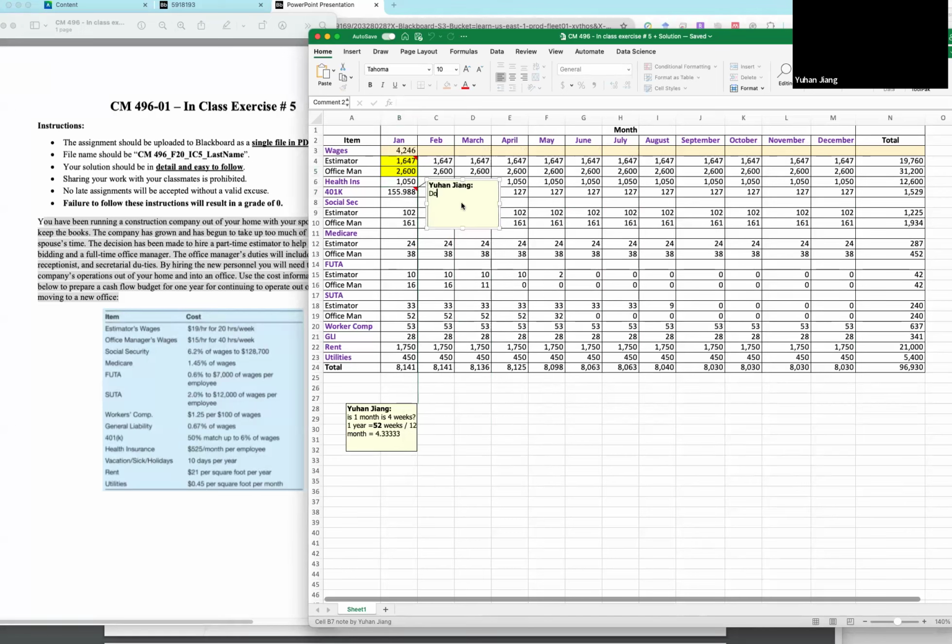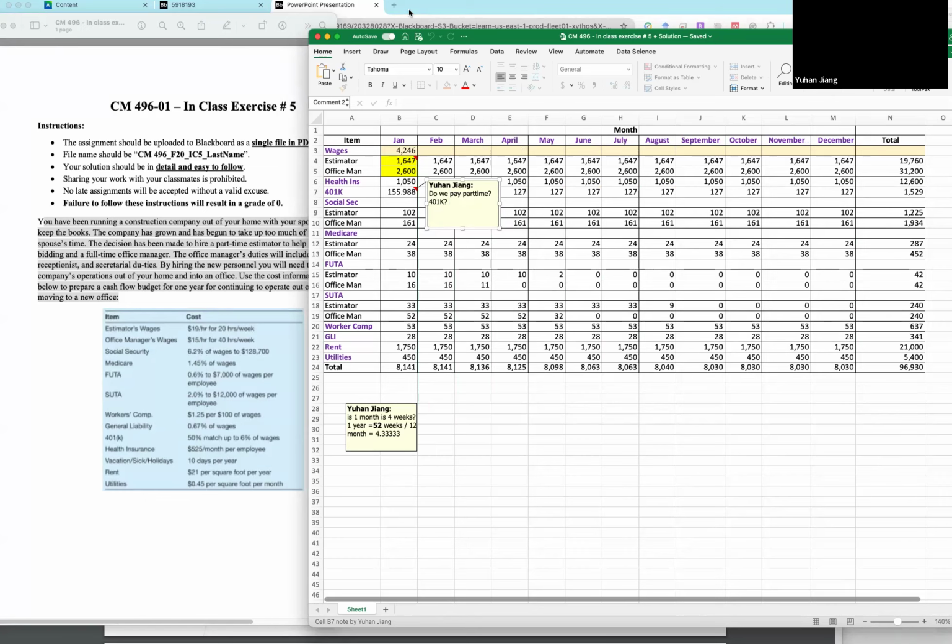Do we pay part-time for 401k? So that is a little bit tricky.